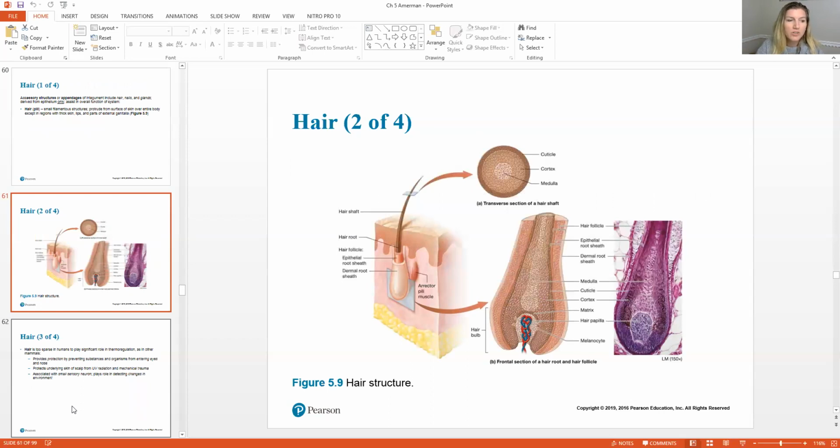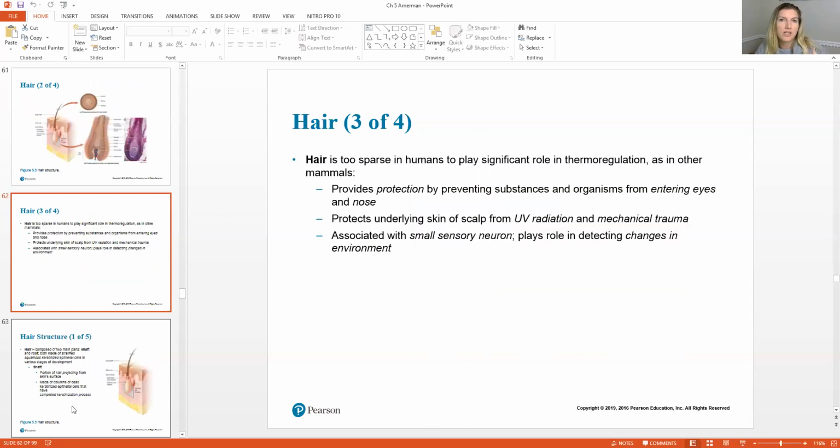And so hair on humans, as we mentioned, is there for protection, and it's also there for sensory purposes. Each individual hair not only has an erector pili muscle associated with it for goosebump purposes, but each individual hair is associated with a nerve ending. I'm thinking about my dog, right?